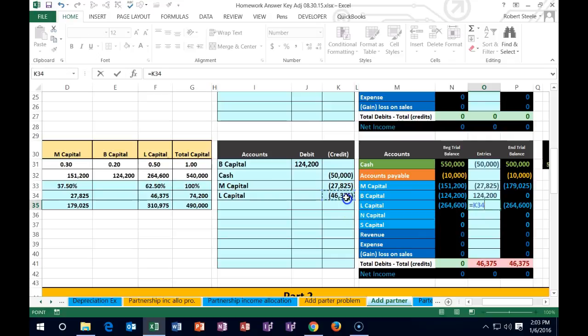We're going to point to the 46,375. Credit will go up in the credit direction because we're doing the same thing to it, putting us back in balance with the green zeros down here. And there we have the 179.25, the 310.975. If we add these two up, it adds up to the 490, which is the 490.